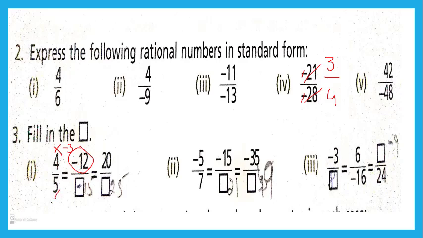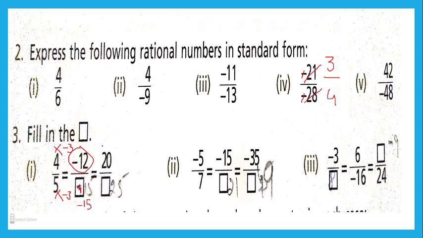Similarly, we should also multiply minus 3 with this denominator, which is 5. So 5 multiplied by minus 3 will be minus 15. You need to write minus 15 in this box.